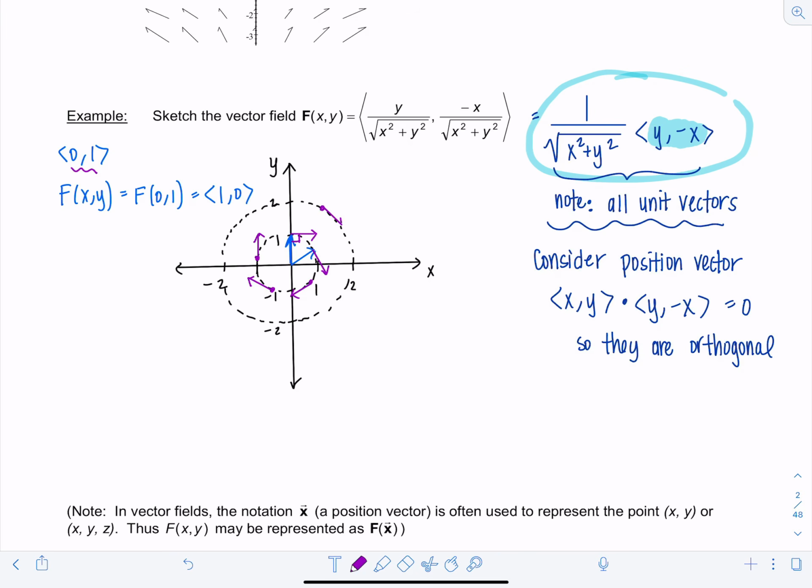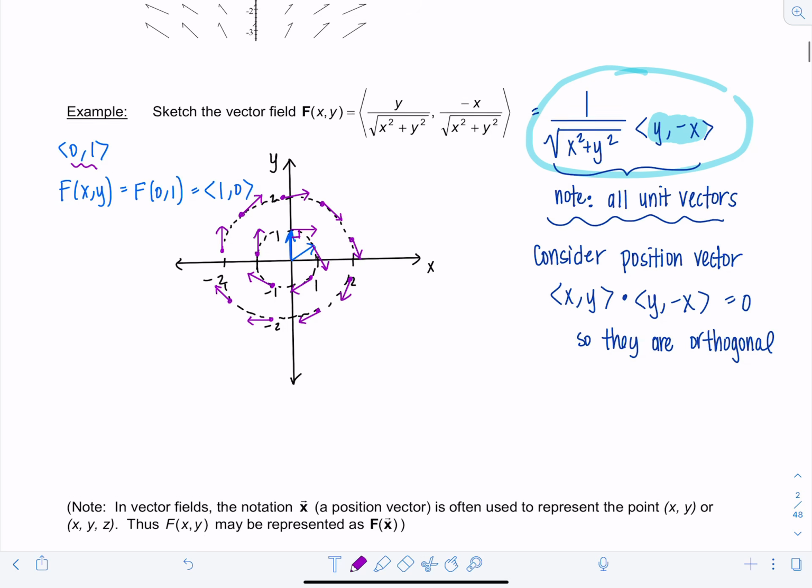You can continue the process round and around. Okay, make sure they all have magnitude 1. And to figure out that the direction was counterclockwise, you could just plug in a couple arbitrary values to determine that. All right, very good.